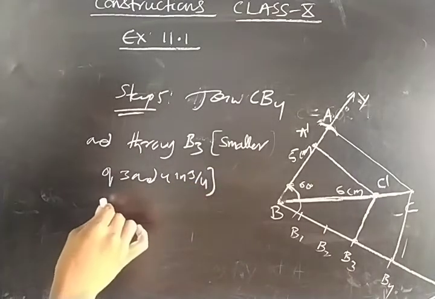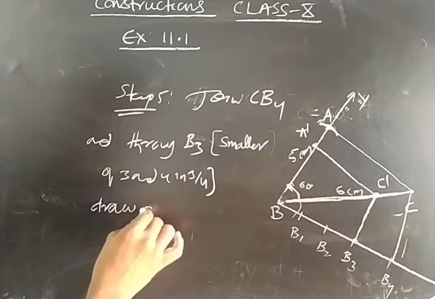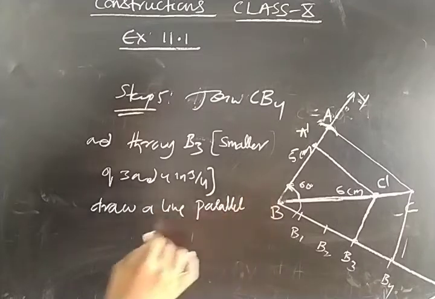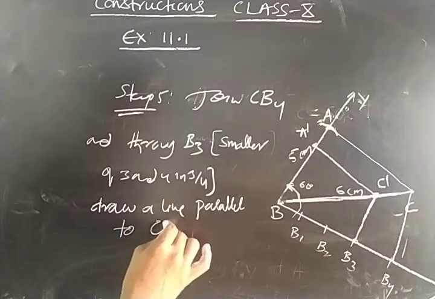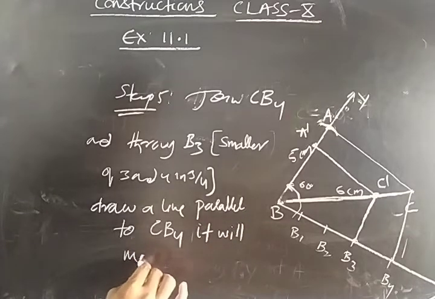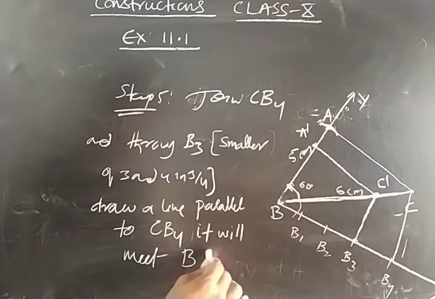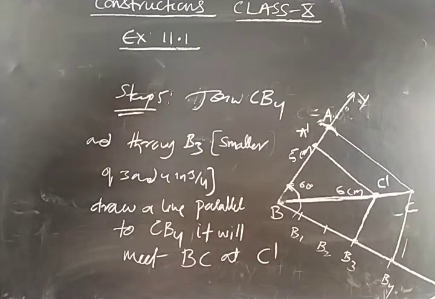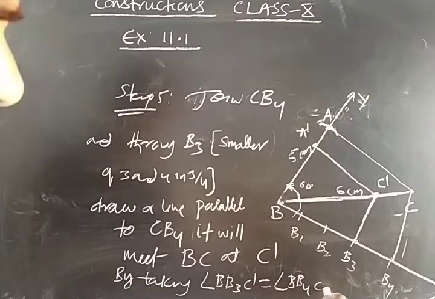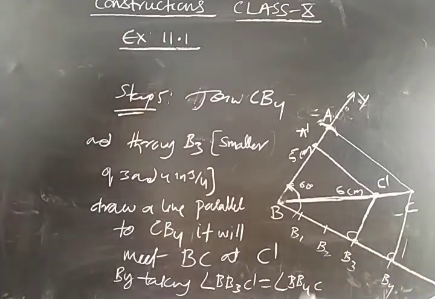Through B3, draw a line parallel to CB4. It will meet BC at C dash, by taking angle B3 C dash B equal to angle B4 C B. These angles should be equal, then only we will get the parallel line.